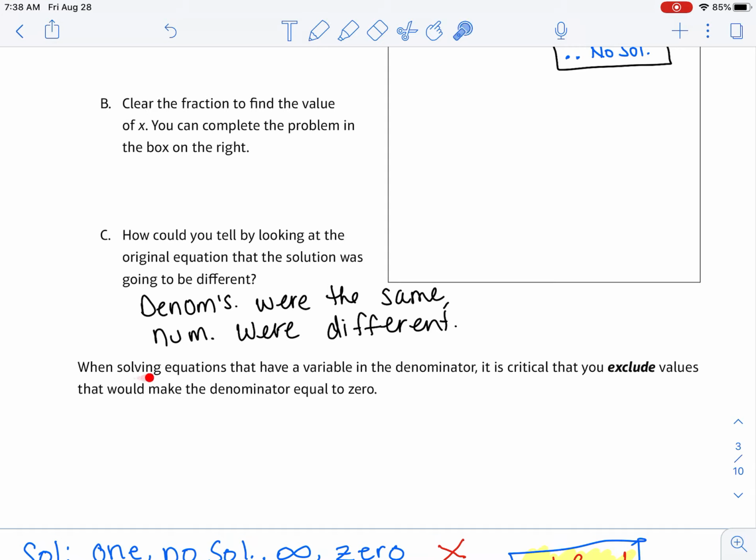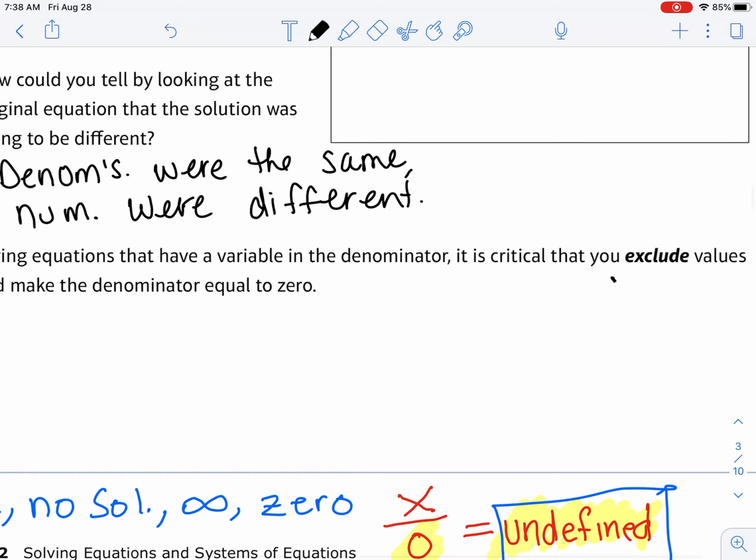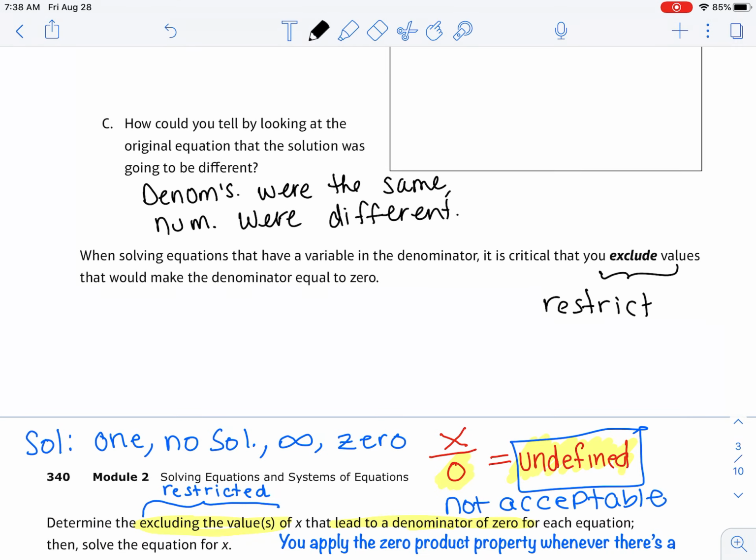So let's see. When solving equations that have a variable in the denominator, it is critical that you exclude the values that would make the denominator equal to 0. So again, another word we use for exclude is restrict. So if you ever hear what are the restrictions, what are the excluded values, it's just what can x not be.